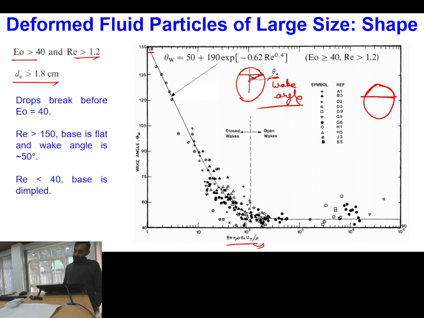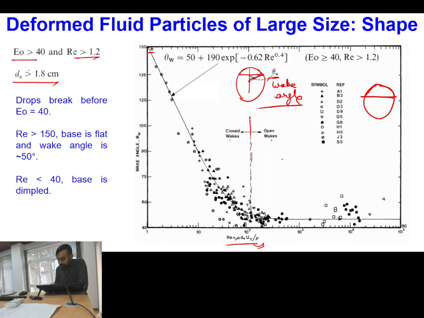At very low value of Reynolds number, your angle is actually very large. Once Reynolds number is increasing, you will find this angle is decreasing. So ultimately this point is considered as the transition from closed wake to open wake.